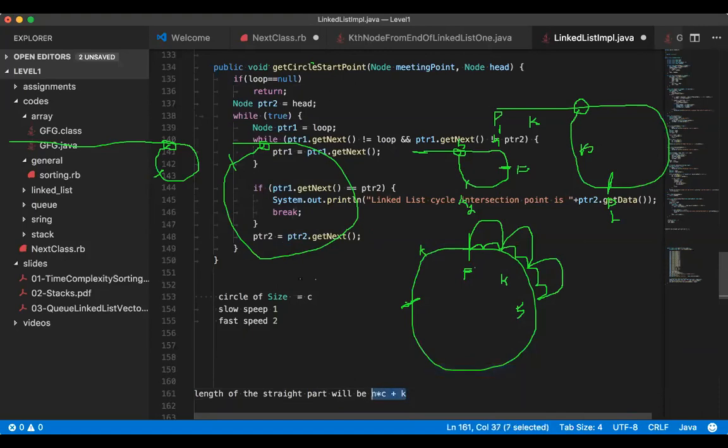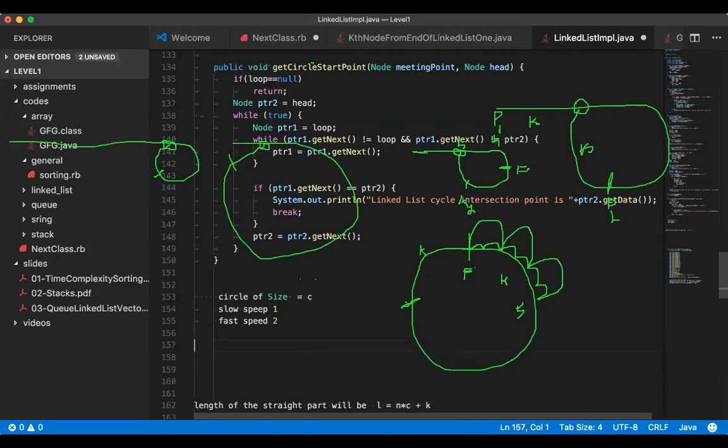Here n is any random integer and c is the size of the circle, which we just derived. So the length of the straight part will be equal to this, and k is the part from the point of meeting till the start of the circle. Simply, we have to prove this, and with this proof, my solution will work every time.